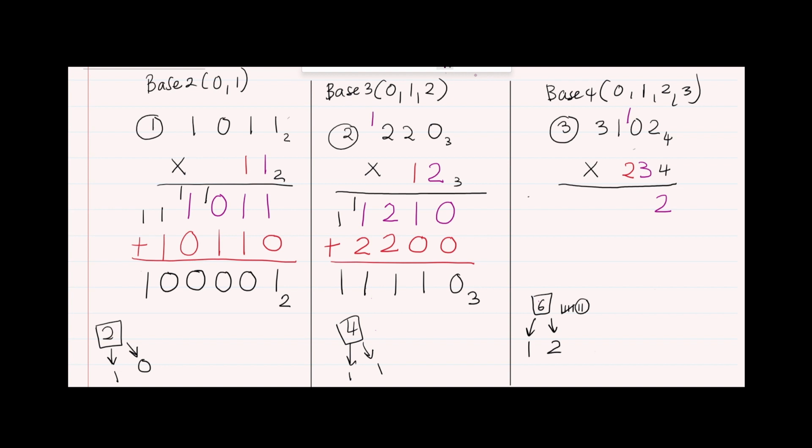3 times 0 is 0 plus 1, that's going to be 1. 3 times 1 is 3. 3 times 3, that's 9. 9 cannot be written in base 4. So I'm going to ask myself, how many sets of 4 can I get from 9? That's going to be 2 sets of 4 with a remainder of 1.